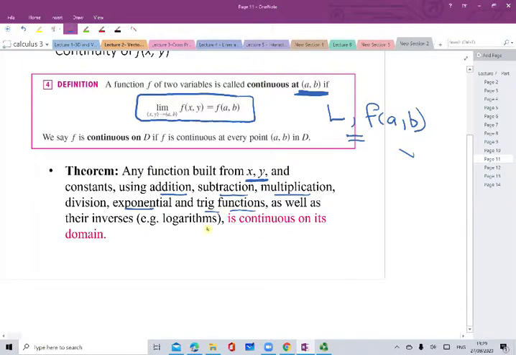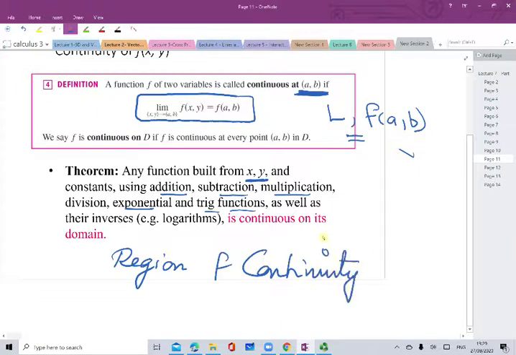Okay, so if I know that my problem is a continuous function, I can claim that it is continuous, and the region of continuity, the region where the function is continuous, will be my domain. If my function is a simple function like these, the region of continuity is the domain of the function.